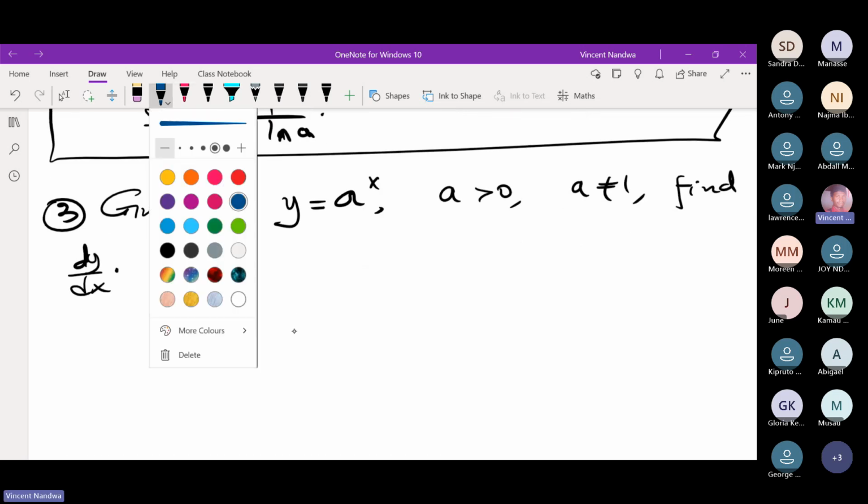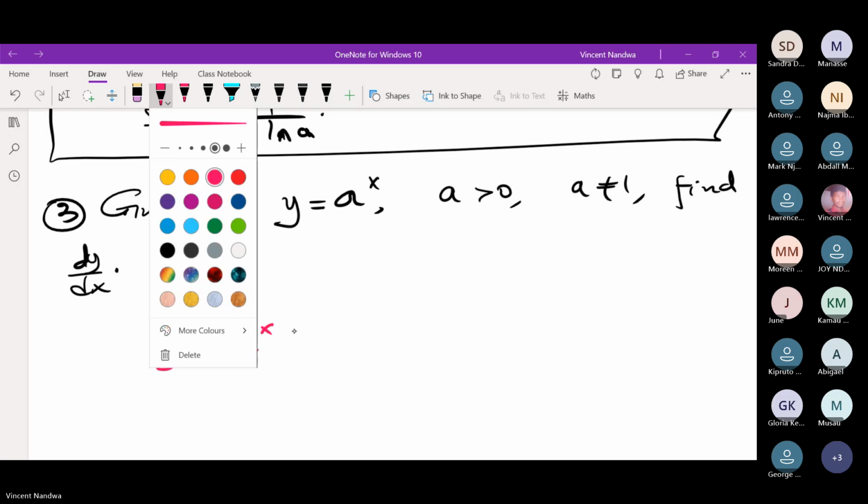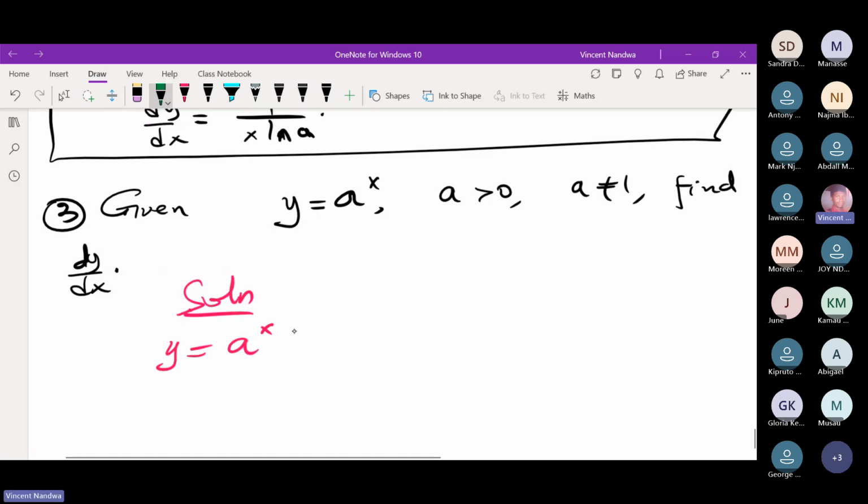So here the process is, we have y equals a power x. Please don't say that dy dx by power rule is you drop the x and then subtract 1 from x. This will lead you to hell.